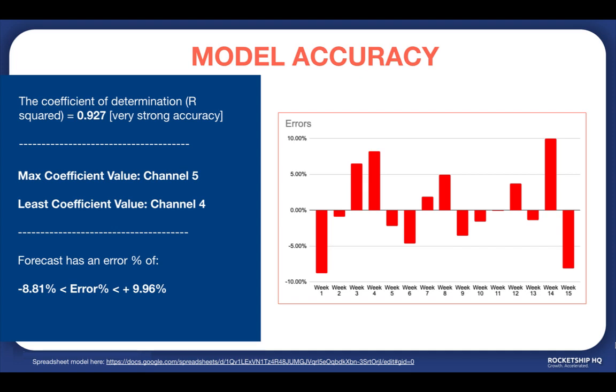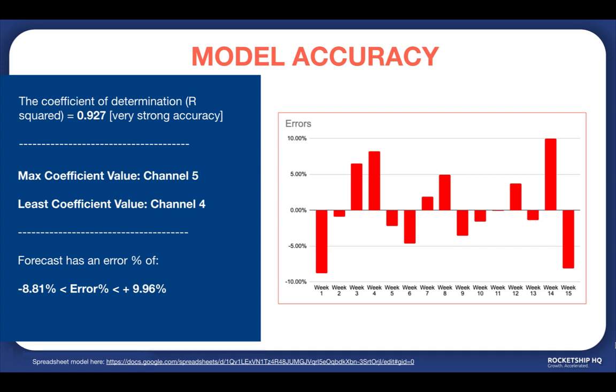We also see error percent here in the chart, which is plus minus roughly 10%, meaning we can expect 10% error in our forecasted values, both sides. That is, they can be under or over the real values, the real purchases we may get in a real life scenario.